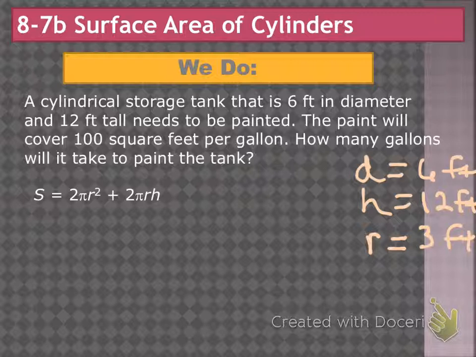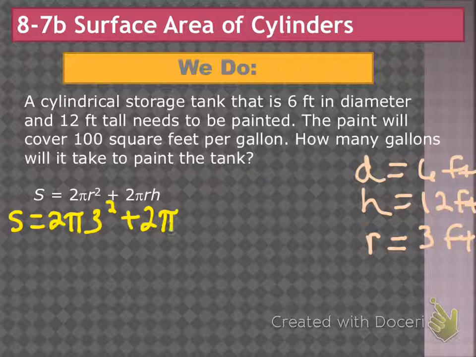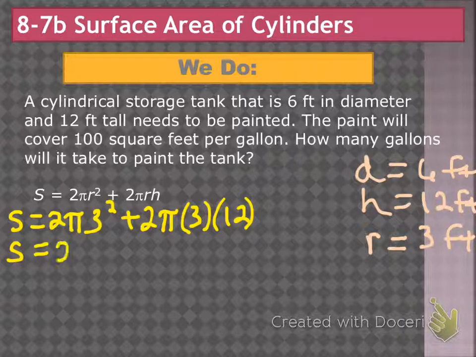So when we fill out our formula, we're going to have the surface area equals 2 pi times my radius squared plus 2 pi times my radius times the height, which is 12. When you put all this in the calculator, you're going to get 282.7 feet squared.